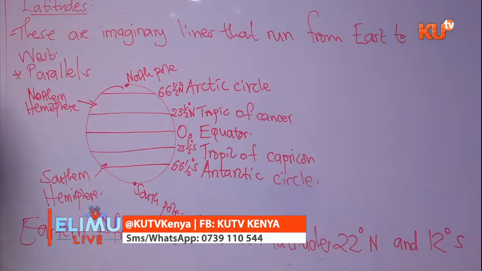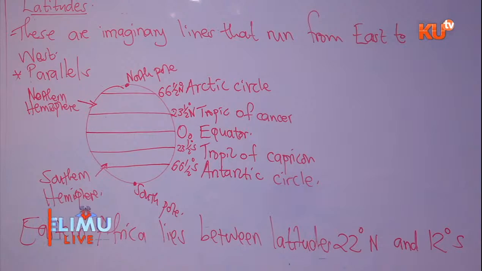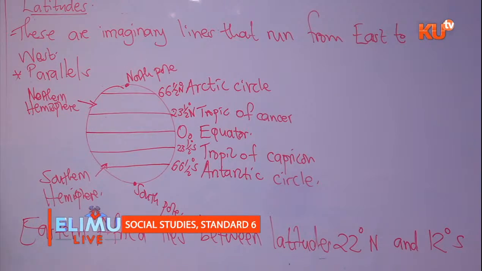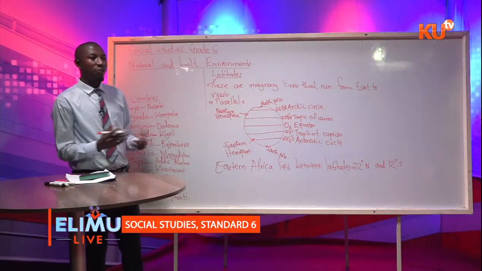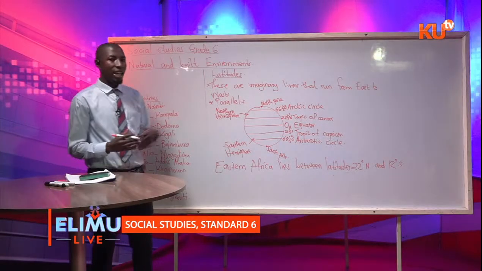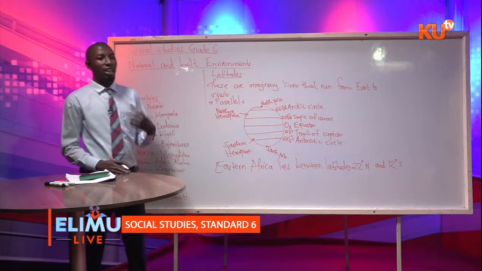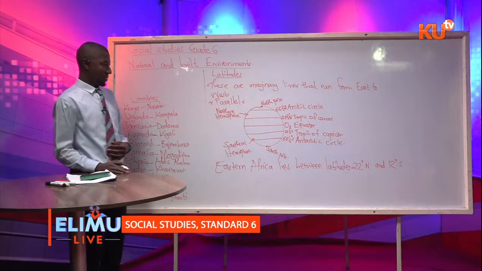And I'm going to tell you how that influences the climate of Eastern Africa. The nearer you are to the equator, the warmer it becomes. And that is why our country is a warm country, because we are near the equator, which influences our climate. So we enjoy the equatorial climate in Eastern Africa.